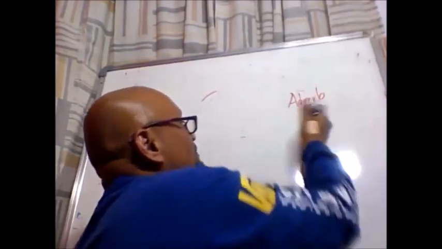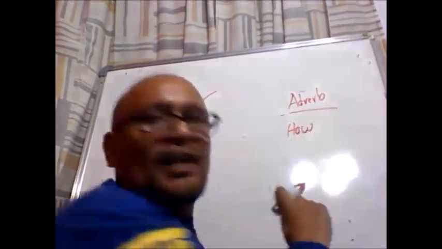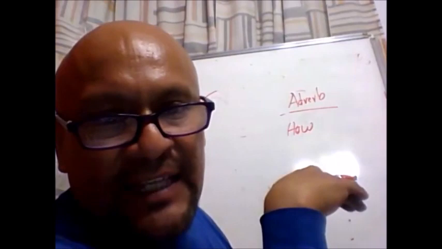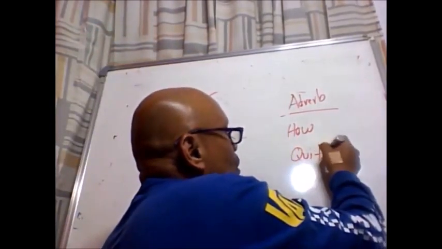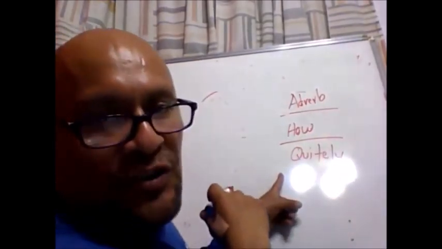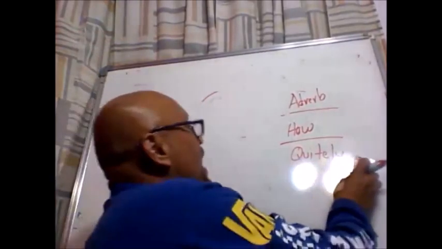Adverb is how you do something. For example, when I tell you to do something in class, how do I tell you to do it? I tell you to do it quietly. So an adverb describes how you do something. You do something quietly.